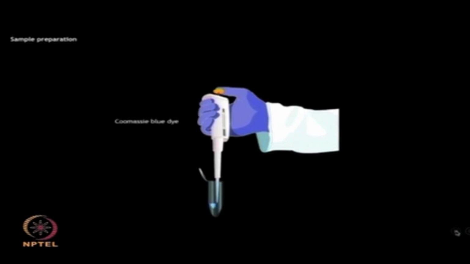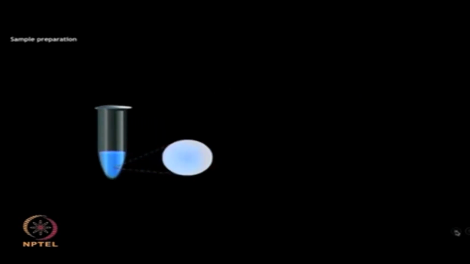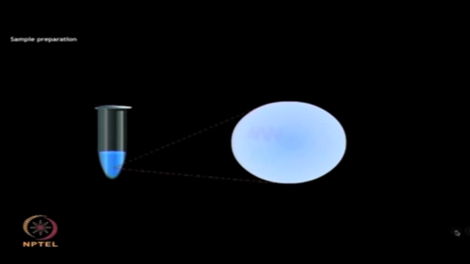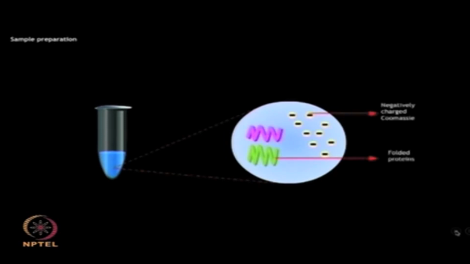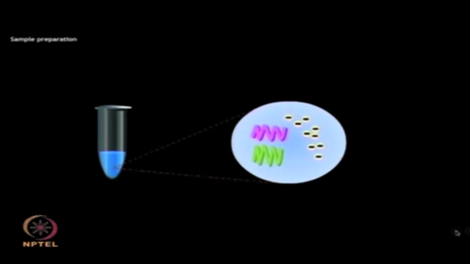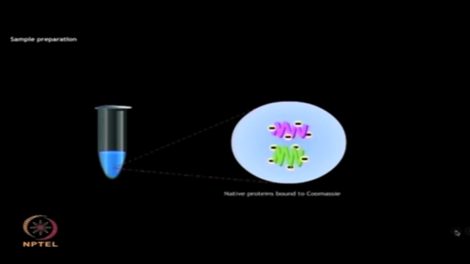Sample preparation. The protein sample present in a suitable buffer is mixed with Coomassie blue dye, which provides the necessary charge to the protein complexes, thereby facilitating their separation in the gel. Unlike SDS, the dye does not denature the protein, but binds to them in their native state.